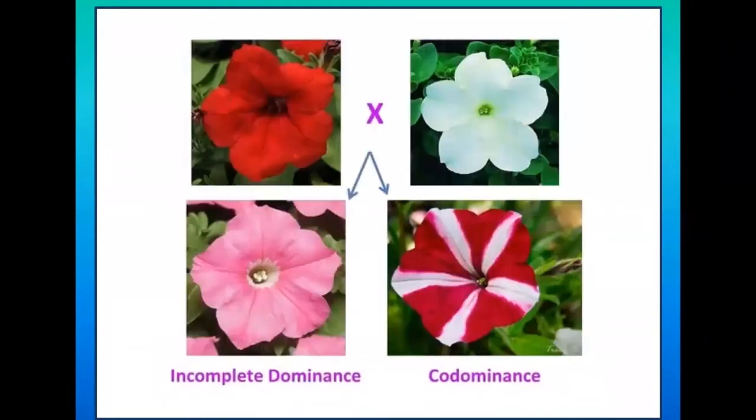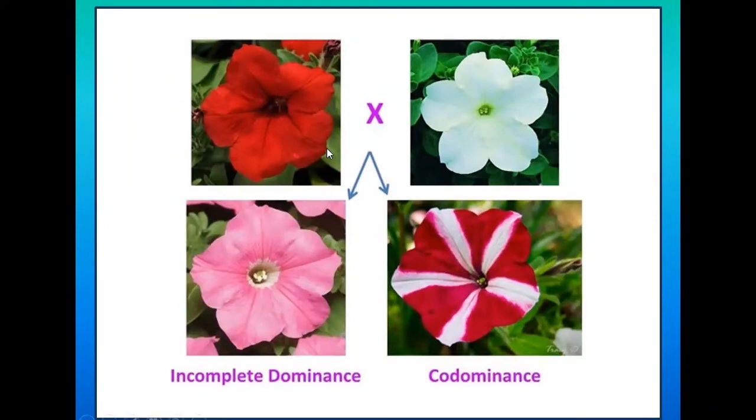Incomplete dominance and codominance are two non-Mendelian patterns of inheritance. Now, for us to understand the difference between the two, let's take a look at this illustration. Let's say that we cross a parent which is red. This is a four o'clock flower, a red four o'clock flower.